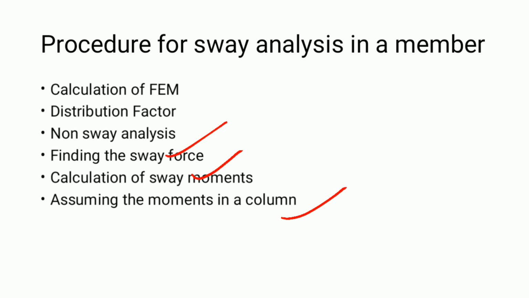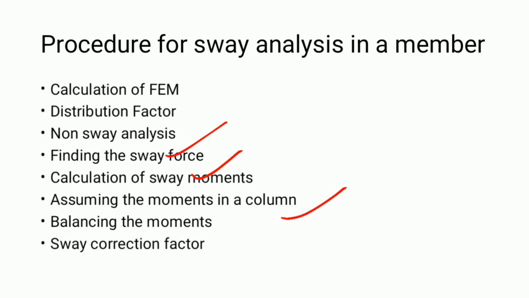After assuming that moment in a column, we balance that moment by using the moment distribution table. After balancing, we make some corrections by using the sway correction factor, so that the values of the moments will be balanced.